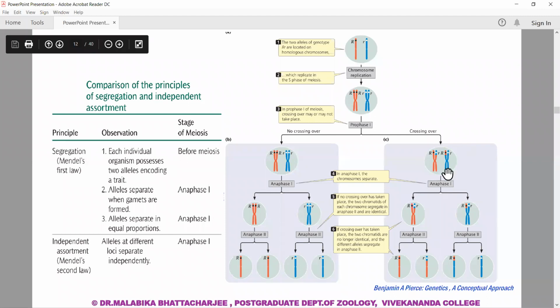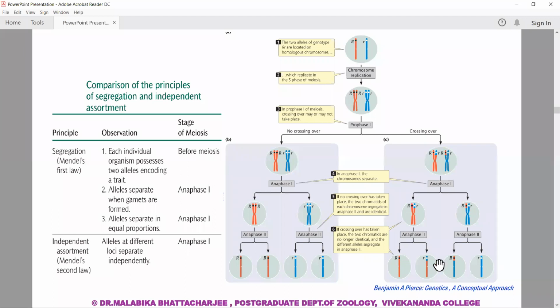However, if there is recombination, we'll be dealing with it in our next part, unit 2. If there is recombination, that is, an exchange of chromosomal paths between the two homologues, in anaphase 1 the chromosomes separate, and in anaphase 2 the chromatids separate.